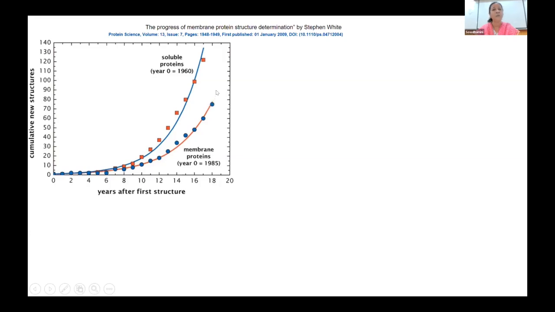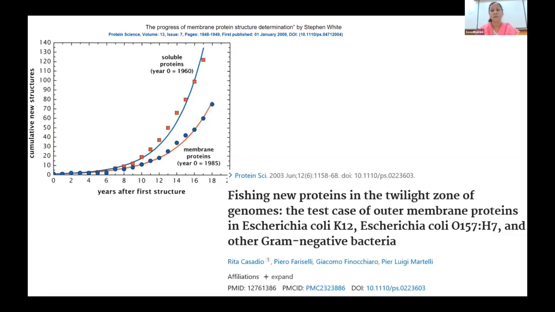It was predicted that by 2005 we will have about 100 membrane proteins. In reality, even now, the total number of membrane proteins whose structures are available is really a small number. That warrants that we ought to, as bioinformaticians, look into membrane proteins that are coming from genome sequencing projects.